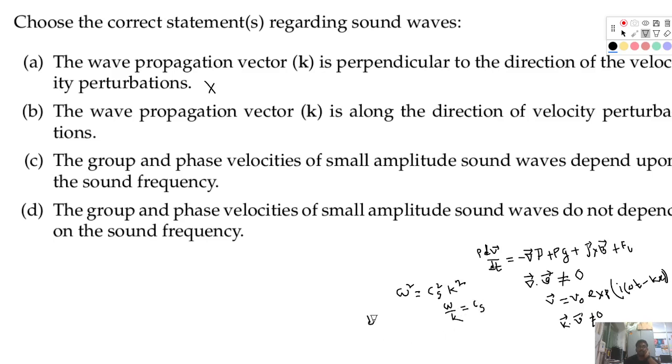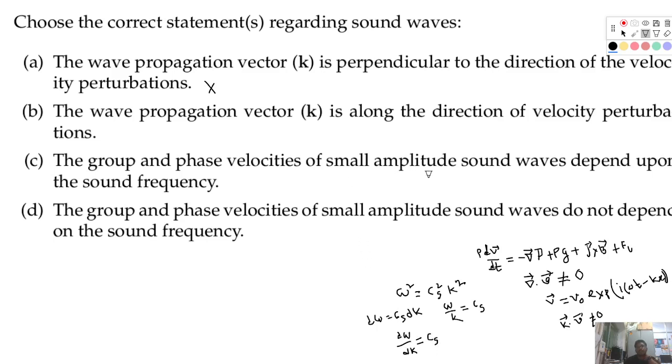And if you do d omega, omega equals cs k, so you have cs and dk, right? I think I am making some mistake. So you have d omega by dk, that is also cs, right?